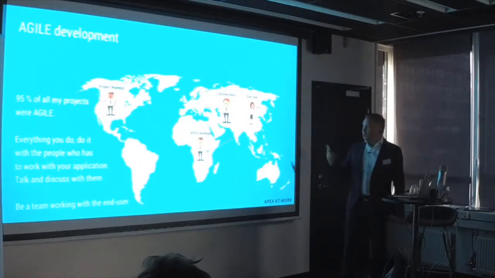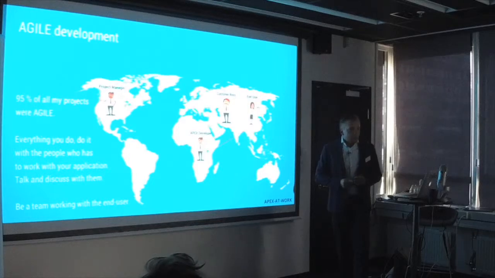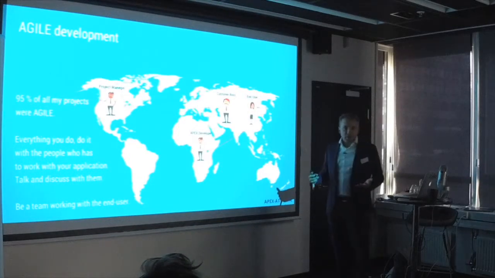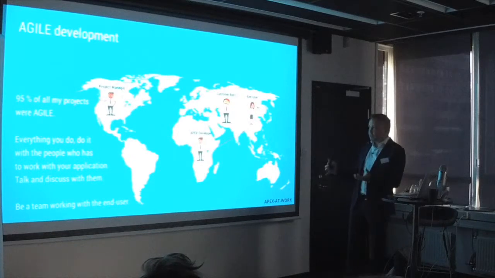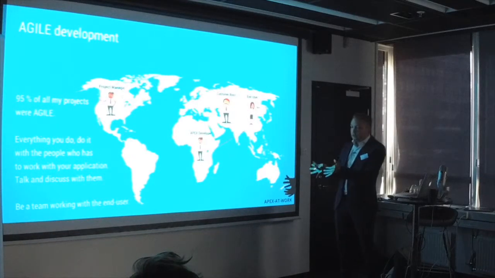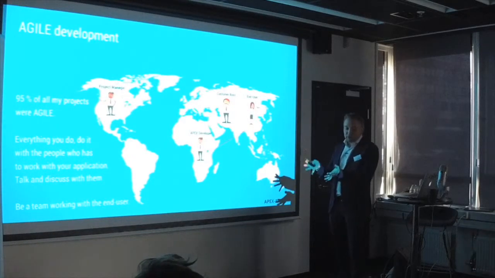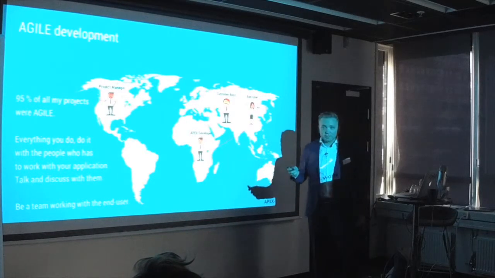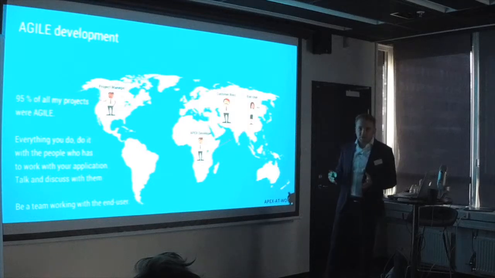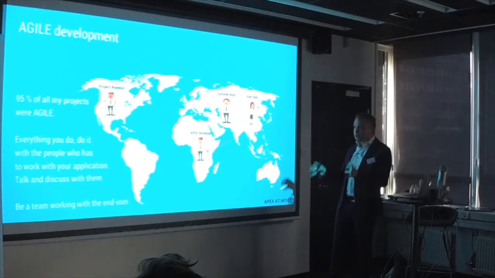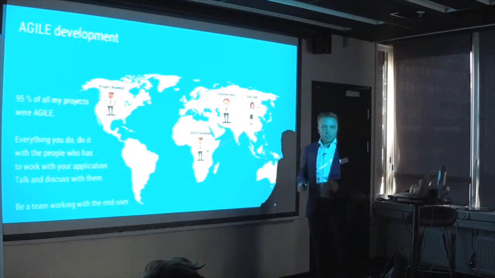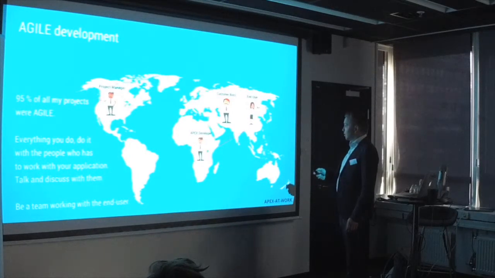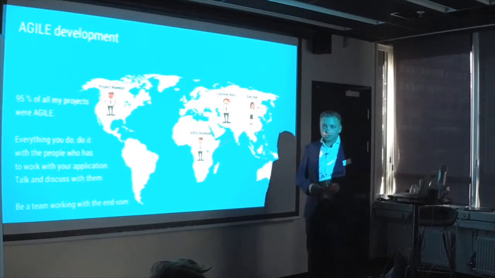All my projects, 95% of them, are made in an agile way. APEX projects are made to be done in an agile way. And what does that actually mean? I do not follow some special rules, some Scrum Masters or whatever. I follow this line: I go towards the end user.